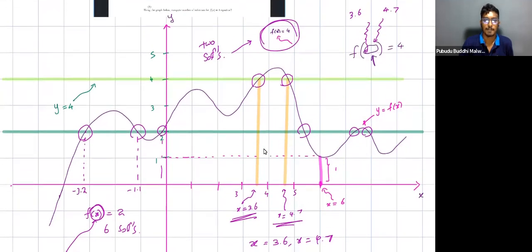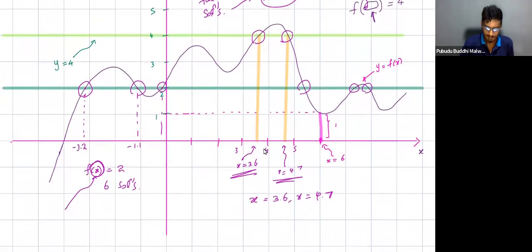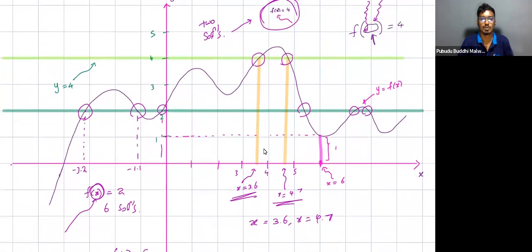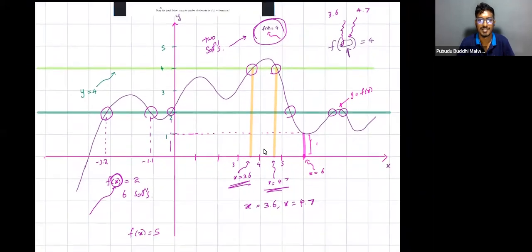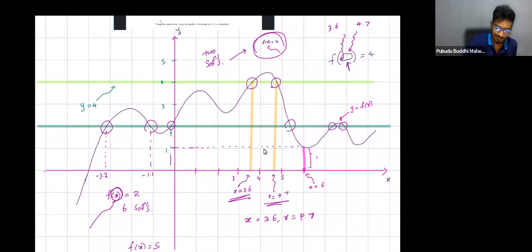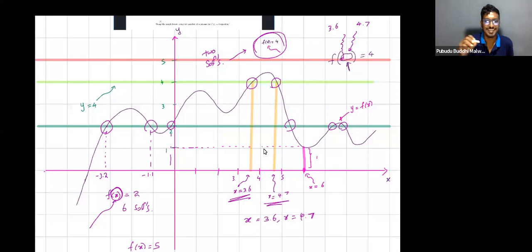Okay. Now, what about this equation, f of x equals 5? How many solutions will there be? Again, draw a horizontal line through 5, like this. But that line does not intersect the curve.